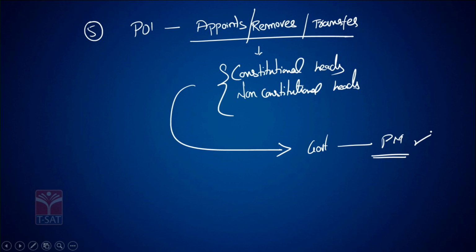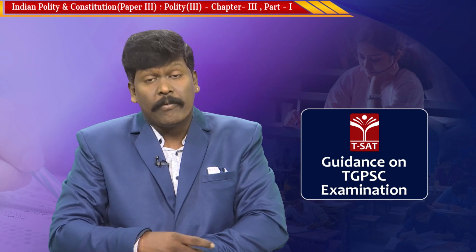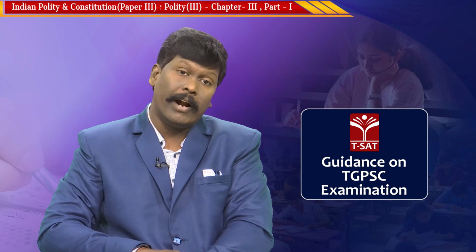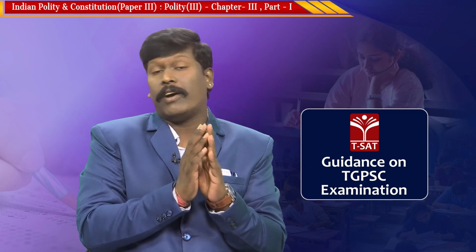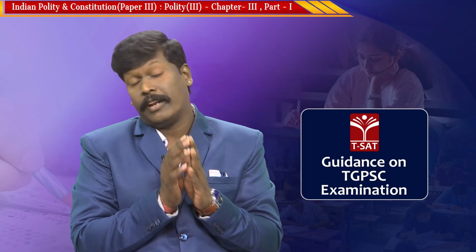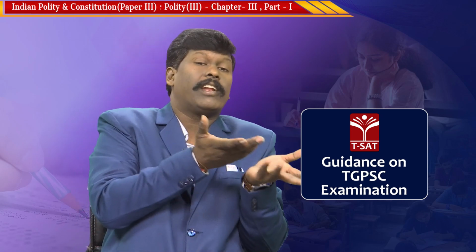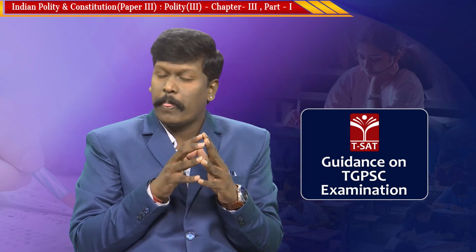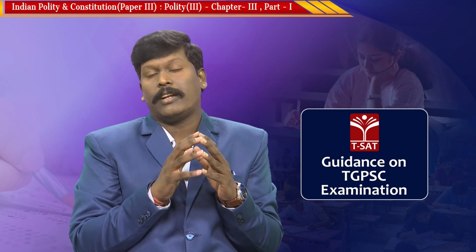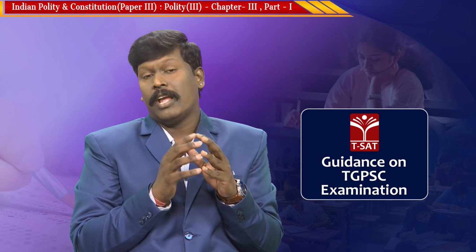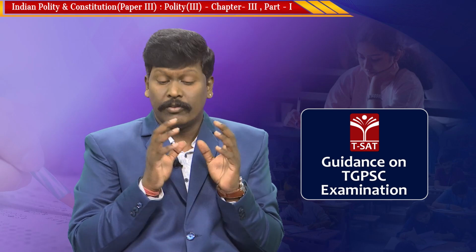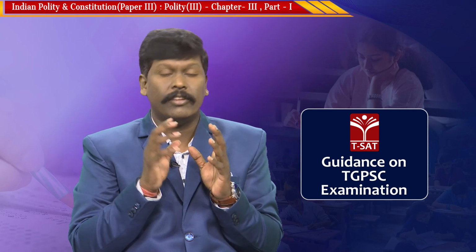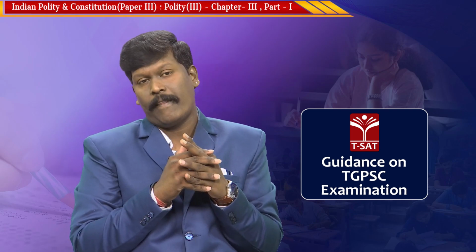Meaning, everything is done under the name of the President of India, but the President has to follow the advice of the real executive. Who is the head of the real executive? The Prime Minister. The Prime Minister runs the government under the name of the President of India. So this is the answer for this particular question.